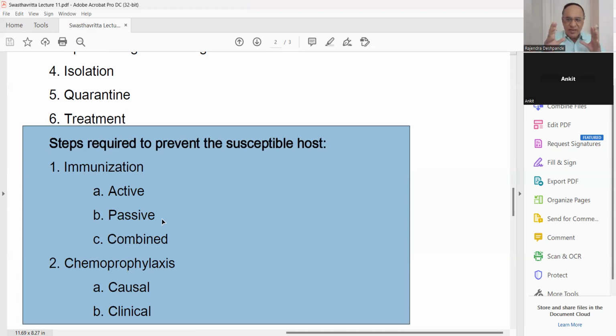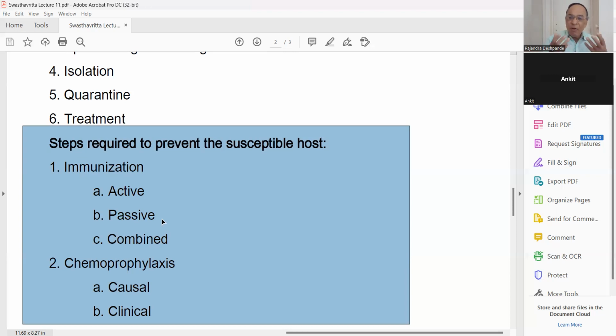But for example, if there is a serious accident and a lot of contamination of the soil, dirty things, too many wounds, then the person is given ATS, that is anti-tetanus serum, and that is the active type of immunization. Immediate antibodies are given to the patient.